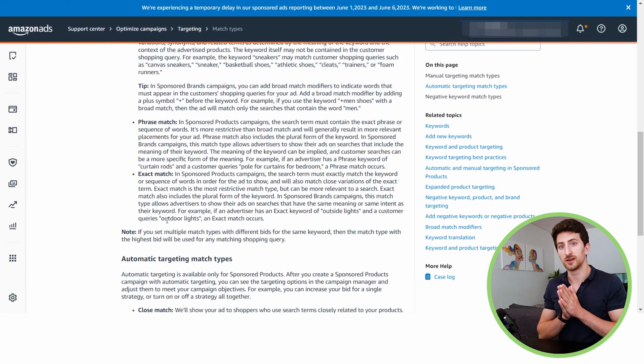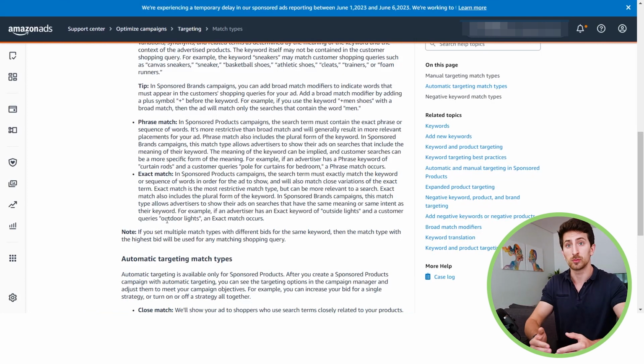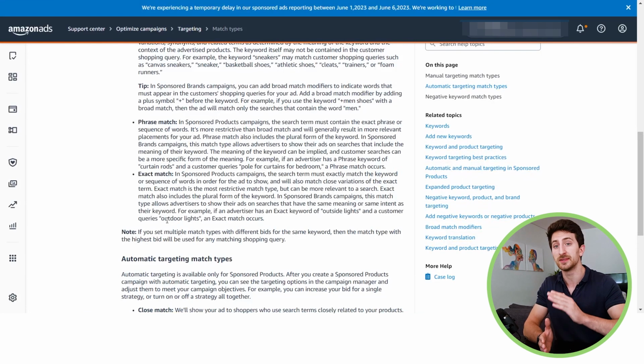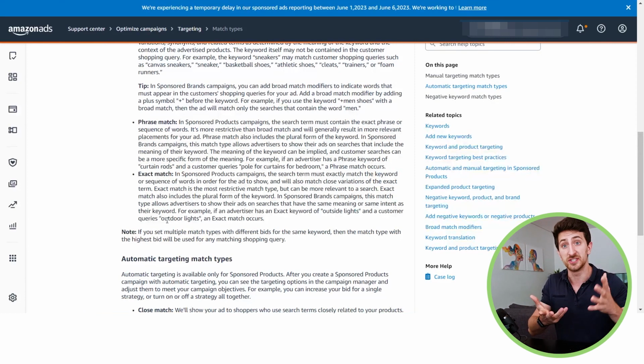And this is something that I think we should be aware of, especially when we analyze the search term report and we want to understand, okay, what is the conversion rate for this keyword? We need to be careful that maybe the search term and the keyword are different, even in exact match, which is crazy. So these are the 4 big changes that I think you should be aware of.